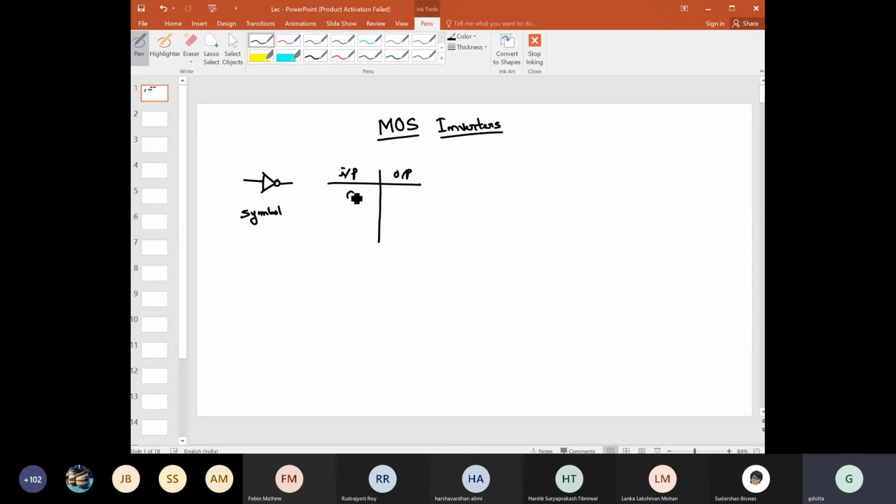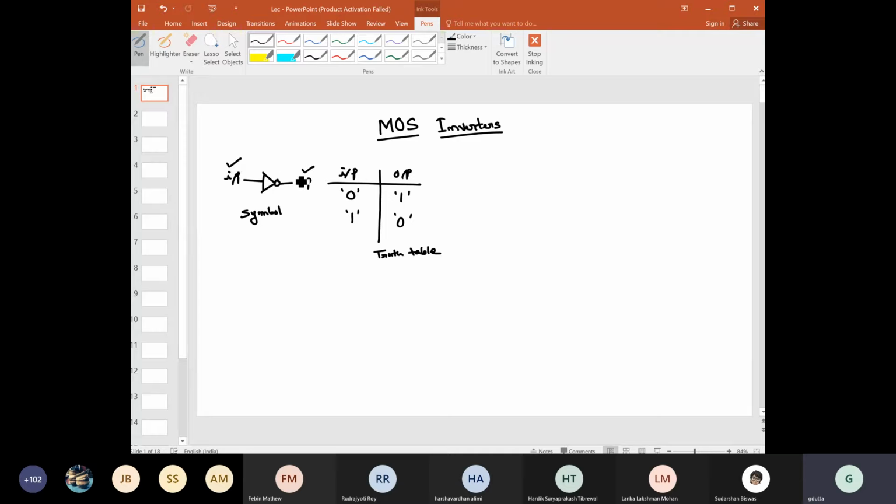When the input is at logic 0, then the output is at logic 1. When the input is at logic 1, the output is at logic 0, right? Here this is the input and this is the output. This is the symbol and this is the truth table.